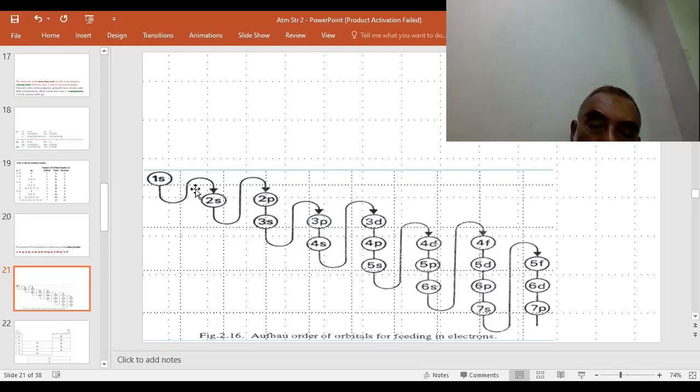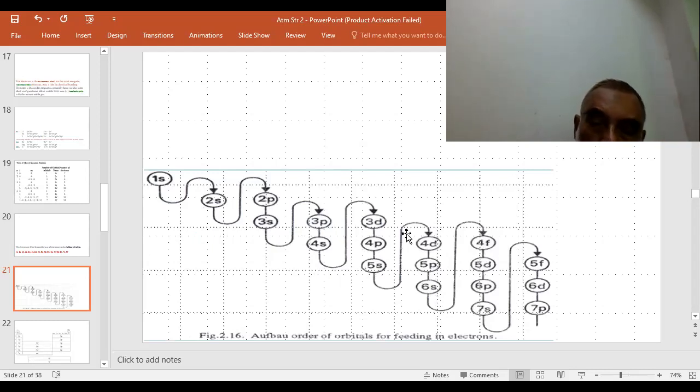So you go in this way: 2s, 2p, 3s, then after 3p, it goes to 4s, then 3d, then 4p, then 5s.